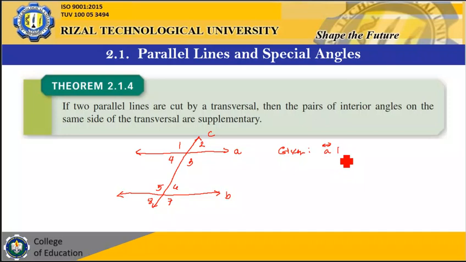Line A is parallel to line B cut by C. Okay, let's prove that angle 3 and angle 6 are supplementary.